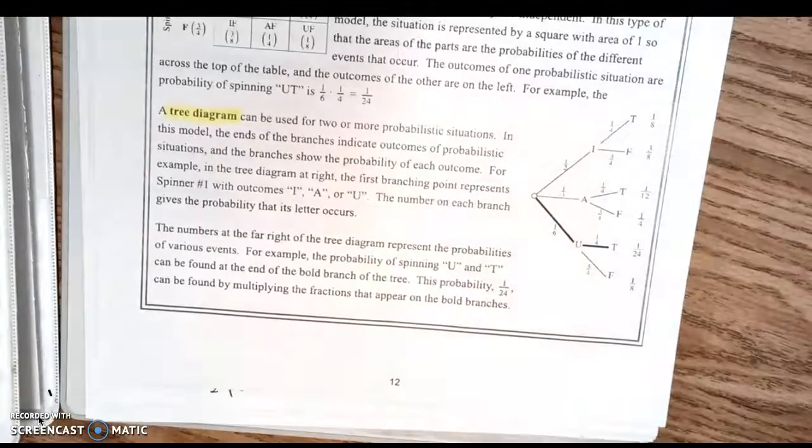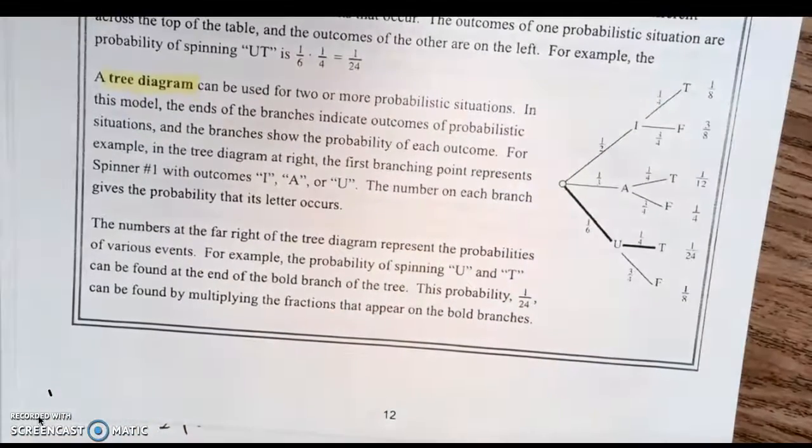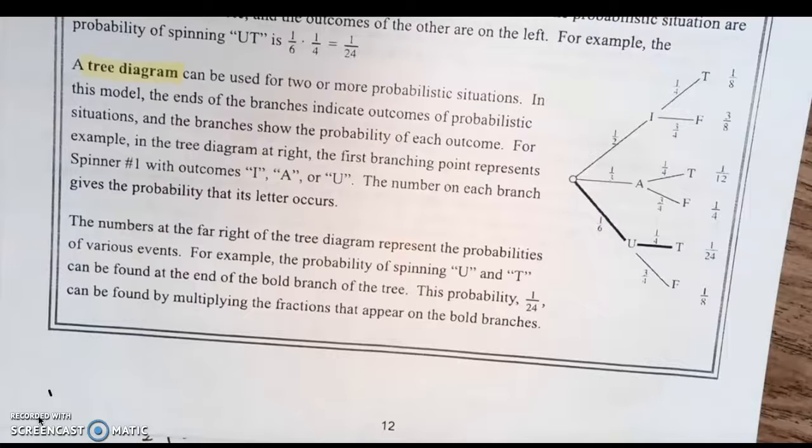So a tree diagram can be used for two or more probabilistic situations. In this model, the ends of the branches indicate outcomes of probabilistic situations, and the branches show the probability for each outcome.